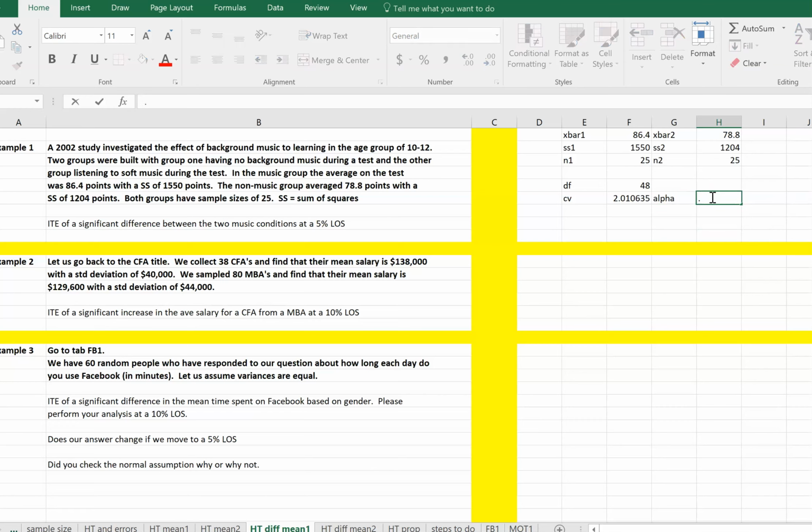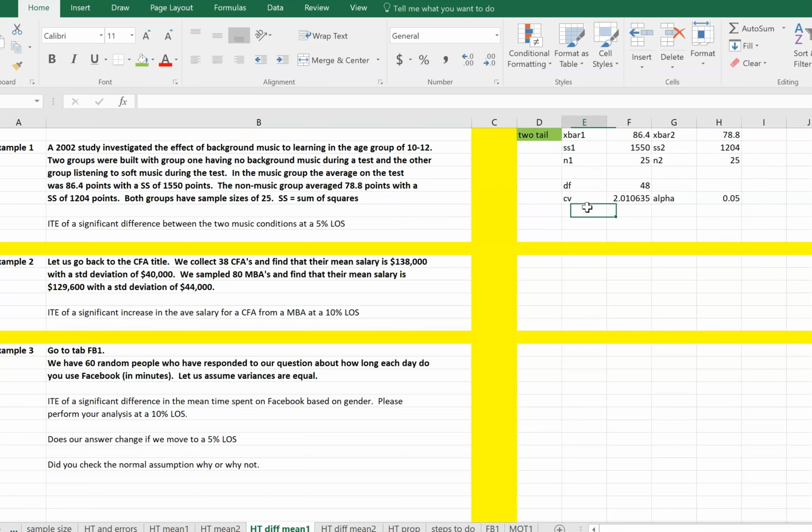Could you automate this critical value? The answer is you can. You just have to think about how that picture was drawn and how the picture will always be drawn in a two-tailed test. The key is this is a two-tailed test, and that's extremely important. If this was not a two-tailed test, you should change things to meet the one-tailed test requirements. So this is a two-tailed test.